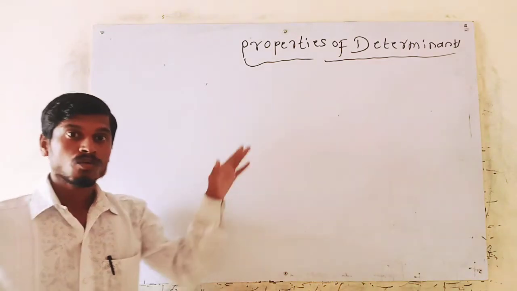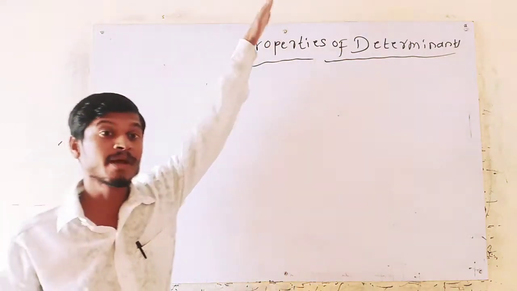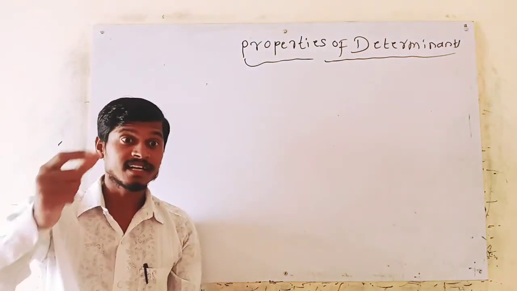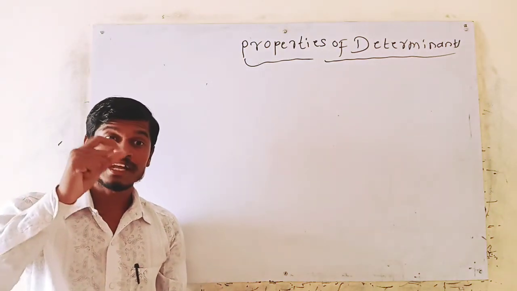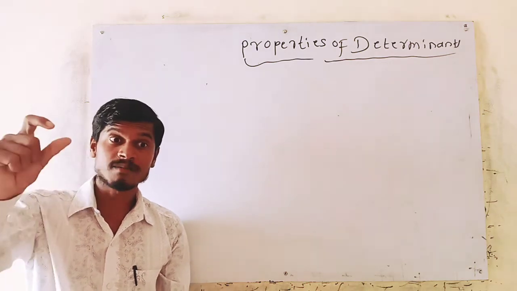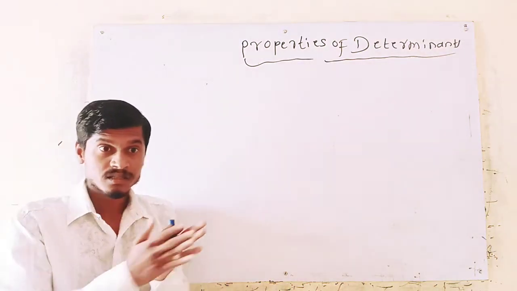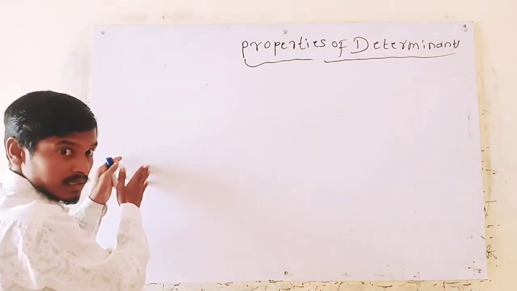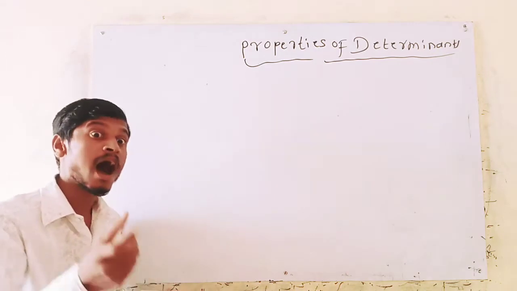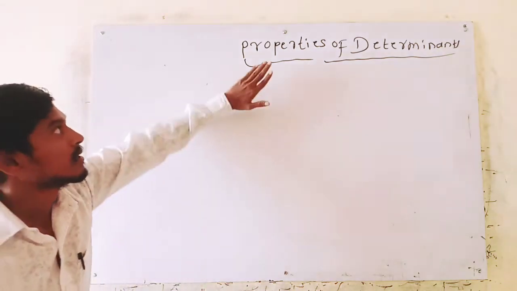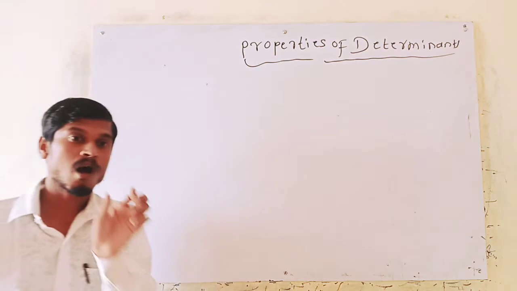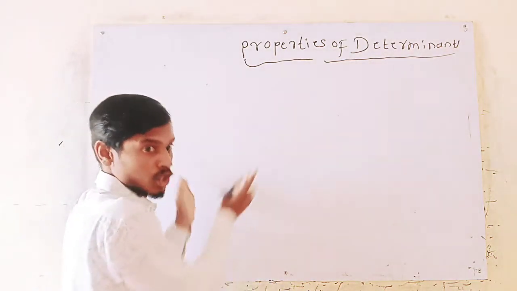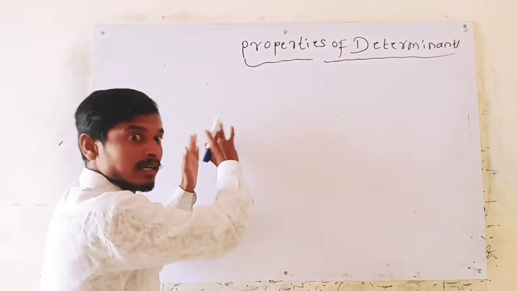Like that, we have already used the elementary row operation, that is a separate case in the matrix unit. What is your target there, in case of finding the inverse of the matrix? Your target is to bring the LHS matrix into the I matrix. Likewise, using properties, our target is to bring the maximum number of zeros in your determinant.